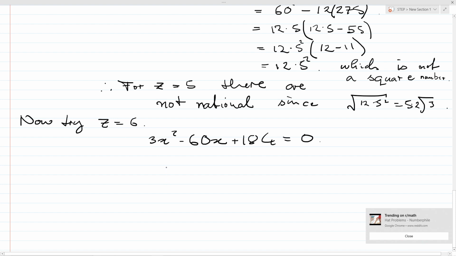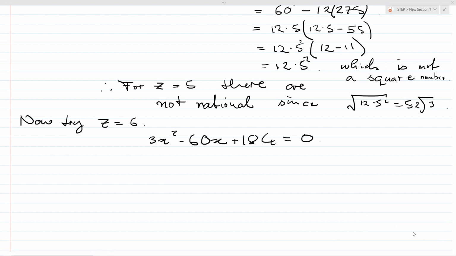So we now try to factor this, but again we can see that when we do the discriminant on this, we'll get that b squared subtract 4ac is going to equal 1392.